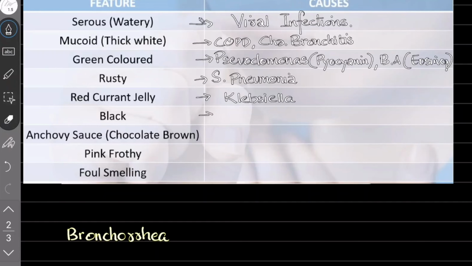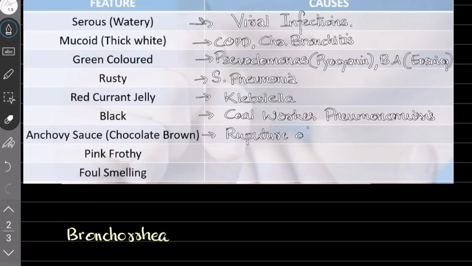Next is black sputum in Kohlberger's pneumoconiosis. Anchovy sputum is seen in amoebic liver abscess, if it ruptures above the diaphragm. It's seen in rupture of liver abscess.